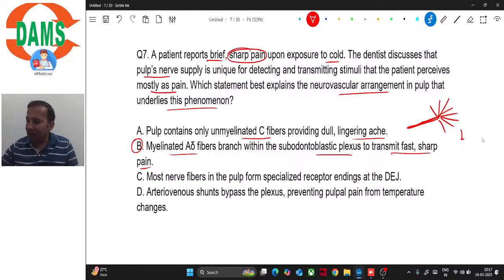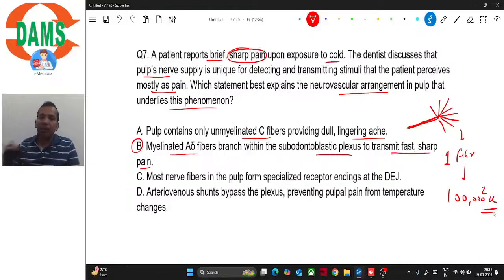And another thing that you can remember is that a single fiber covers an area of approximately 1 lakh square microns, right? So that much area is covered by a single nerve fiber. Clear? So let's go to the next question.